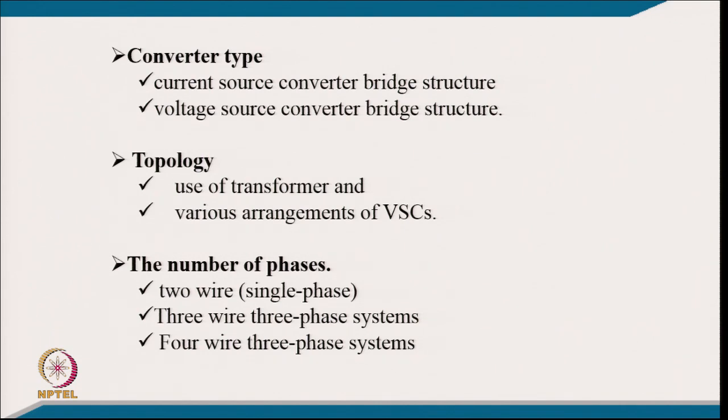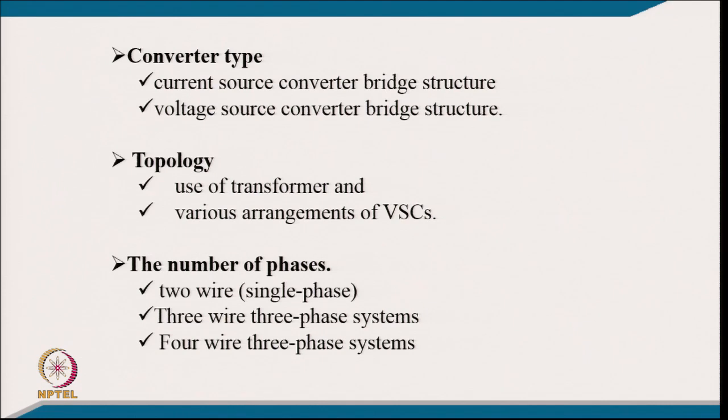In a 2-wire single phase system you will compensate reactive power; in a 3-wire system you will like to compensate not only reactive power but also unbalanced current or negative sequence current; and in a 4-wire system you like to eliminate even the neutral current along with the reactive current, reactive power and the negative sequence current.